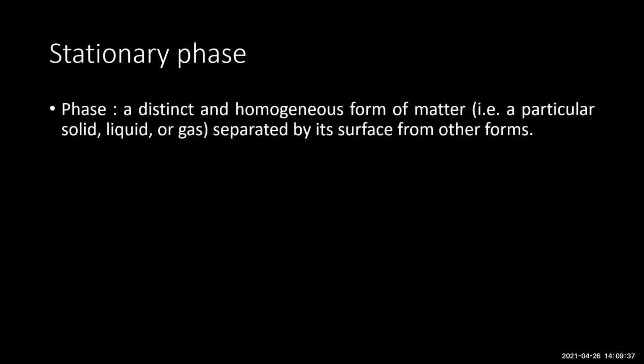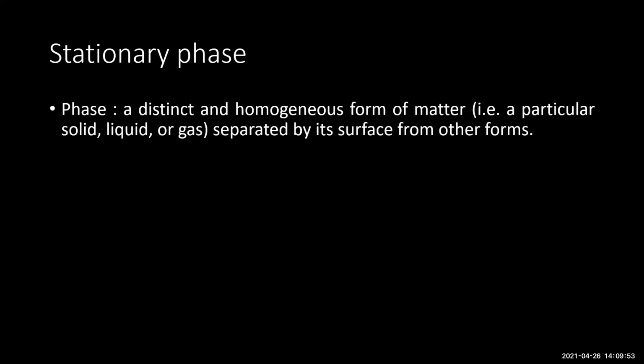So that brings us to what is stationary phase. Before going into stationary phase, let us understand what is the meaning of the word phase. Phase means a distinct and homogeneous form of matter, which can be solid, liquid, or gas.